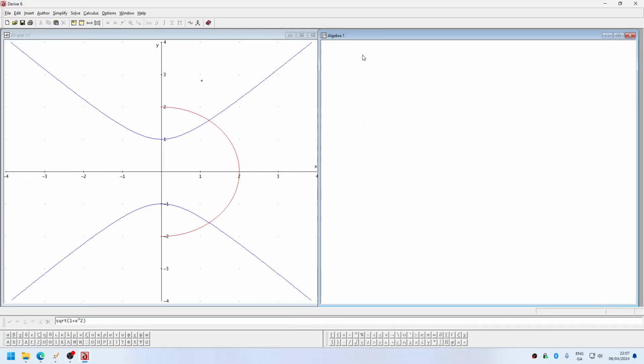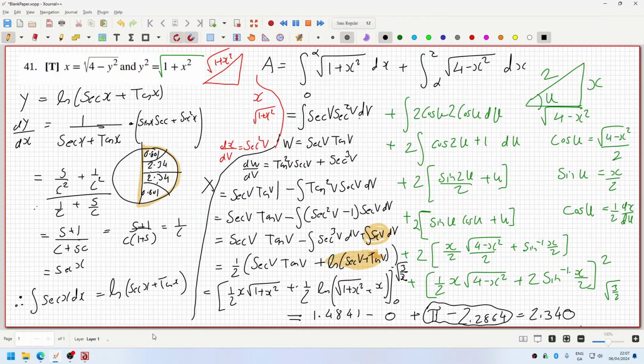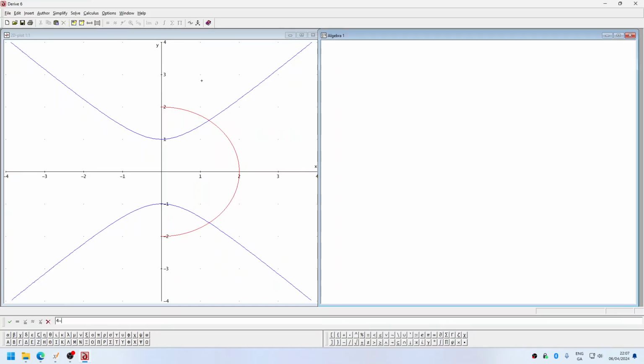Let's check it now. So let's solve these two. So 4 minus y squared, x equals, and then y squared equals 1 plus x squared.